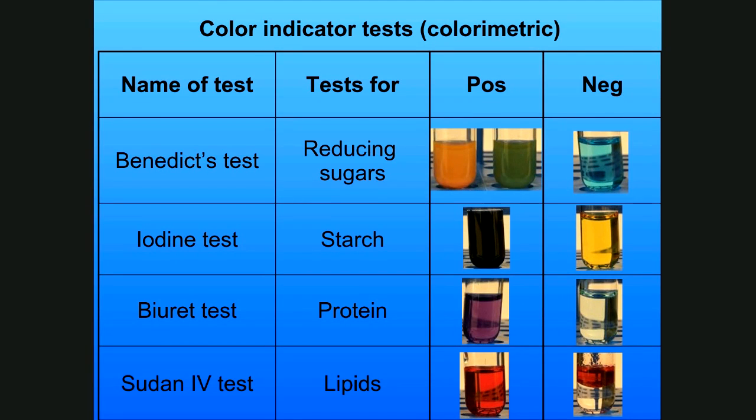And if starch is present, it turns black. The burette test tests for protein. The negative is a slightly bluish color. The positive is purple. And then the Sudan 4, as I mentioned before, becomes red throughout if it's positive, and if it's negative, you end up with two layers because lipids are known for the fact that they are hydrophobic, so they don't mix with water well.